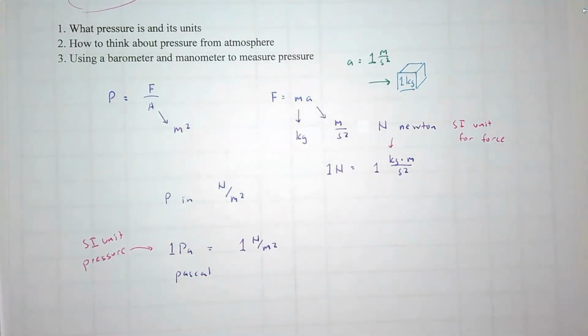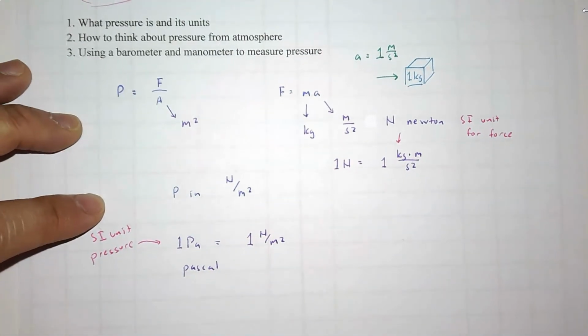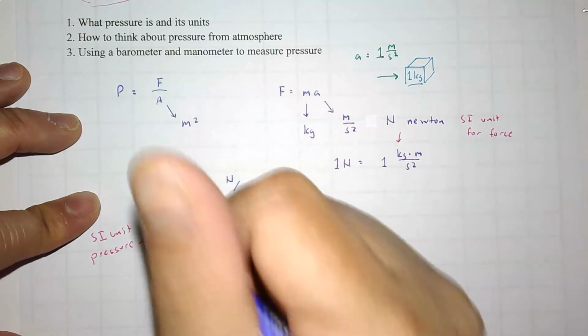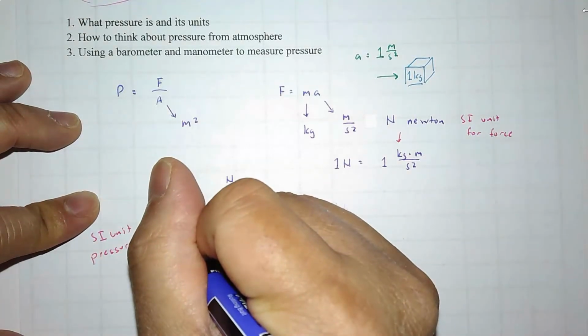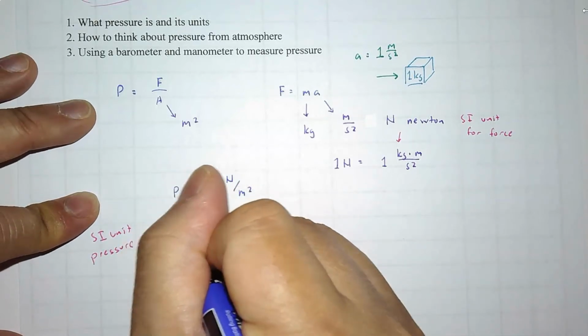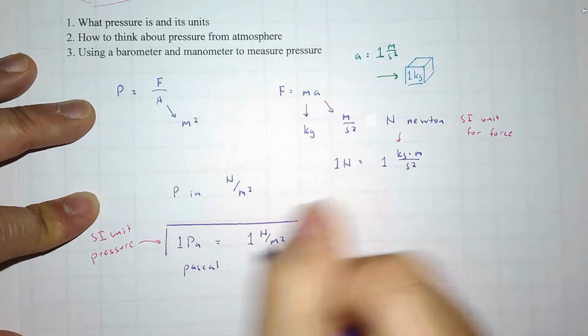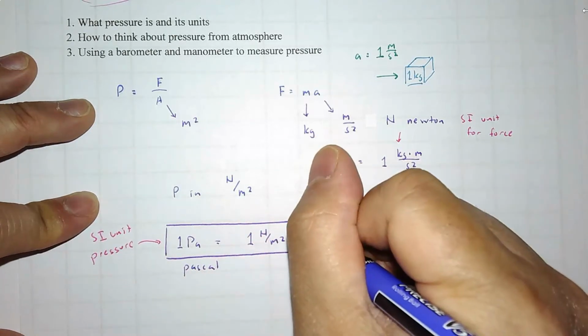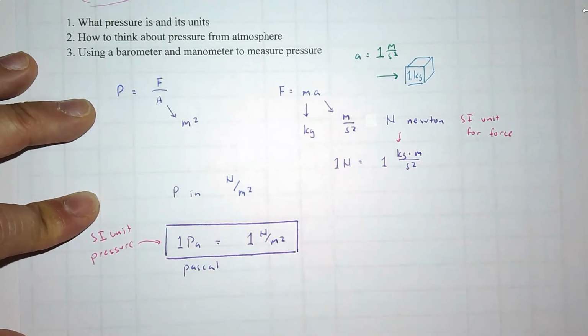Okay, so let's backtrack and put some boxes around a couple of these key conversions. The SI unit for pressure is a Pascal. What is a Pascal? A Pascal is 1 Newton per meter squared.